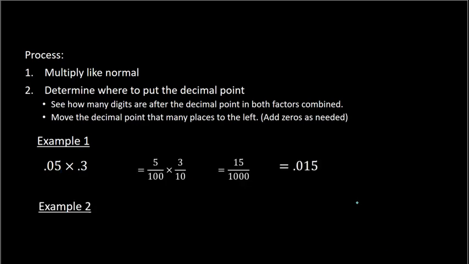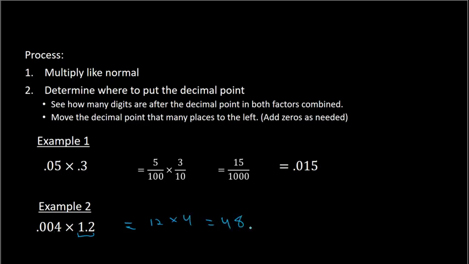Let's take a look at another example, and we'll try to do this without using the fractions. So here we have 0.004 times 1.2. When you multiply, you look at the 12 times 4, the zeros in the front really don't matter, so 12 times 4 is 48.